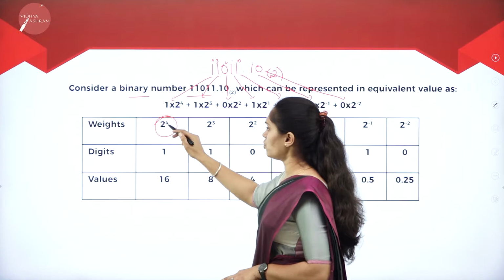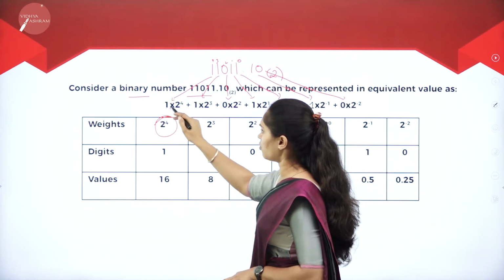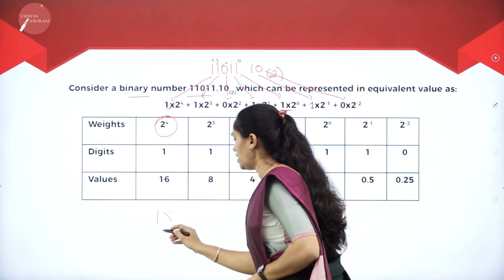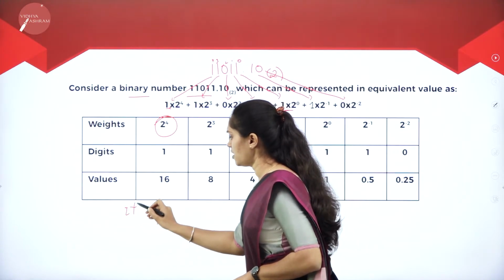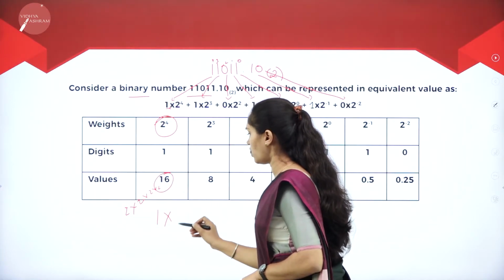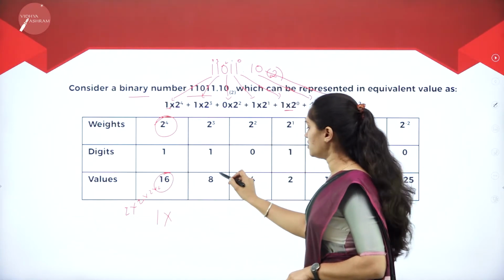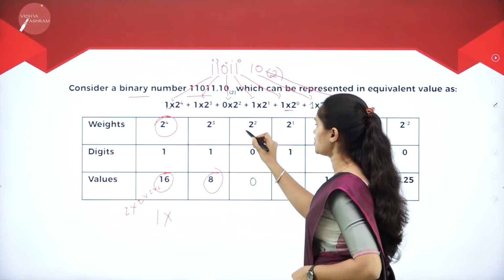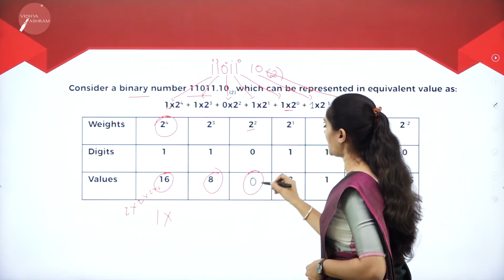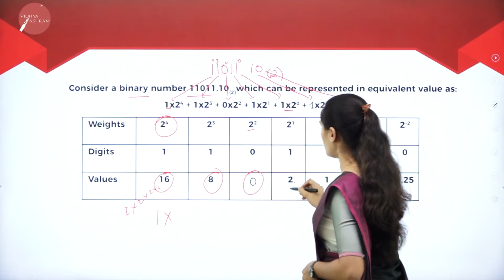So here we have 1, so 1 into 2 power 4. 2 2s are 4, 4 2s are 8, 8 2s are 16. So that is what we are going to get. And for 2 power 3, 8. So 2 power 2, any number which is multiplied by 0 will get 0 itself. So 1 into 2 will be 2.